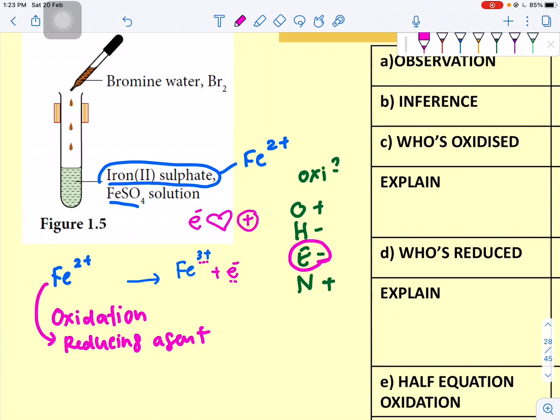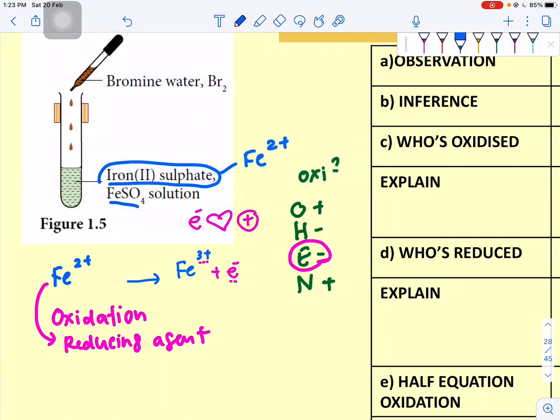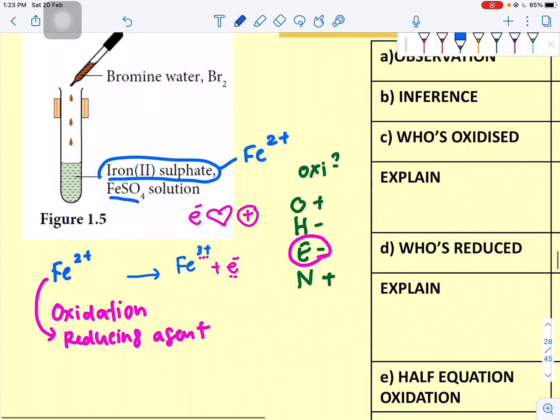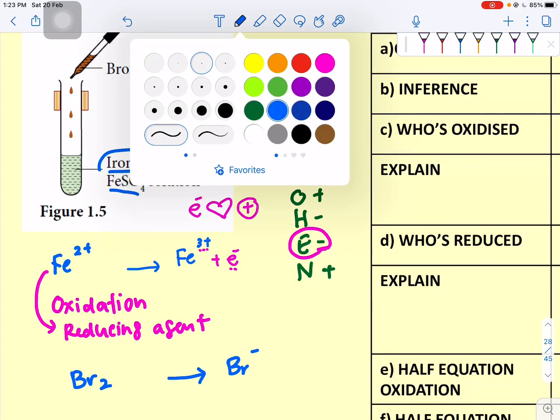Okay, so when we have oxidation, for sure at the same time we are supposed to have reduction. So look at another substance. We have bromine water. Bromine water is Br2. What will it become? Br2 will not become magnesium or chlorine. Bromine will become bromide. This step will be a little bit of a problem for you if you don't know the charge.